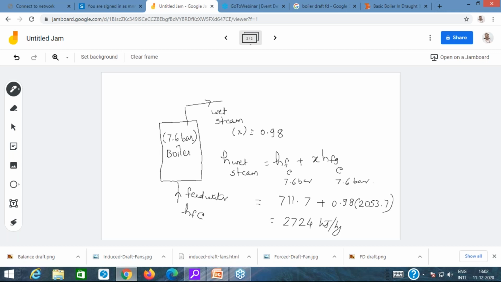So find the value of HF at 51 degrees centigrade and tell me that value.